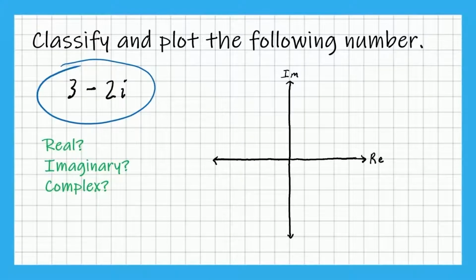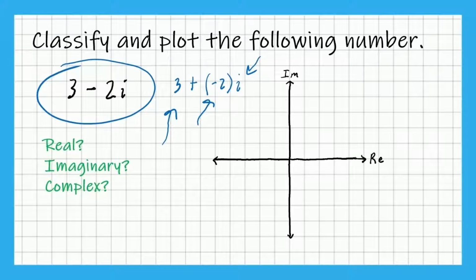2i. So can we write this number as a plus bi? Well, yeah, we could, because a would correspond to 3, so we could say 3 plus negative 2 times i. So we have a and b, and there's i right there.